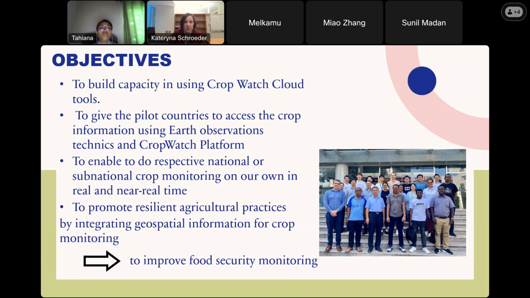The objective is to build capacity in using CropWatch cloud tools to give pilot countries access to crop information from Earth observations, techniques, and the CropWatch platform, and to enable them to do national or subnational crop monitoring on their own in real and near real time, to promote resilient agriculture practices by integrating geospatial information from crop monitoring. To summarize, those objectives aim to improve food security monitoring.